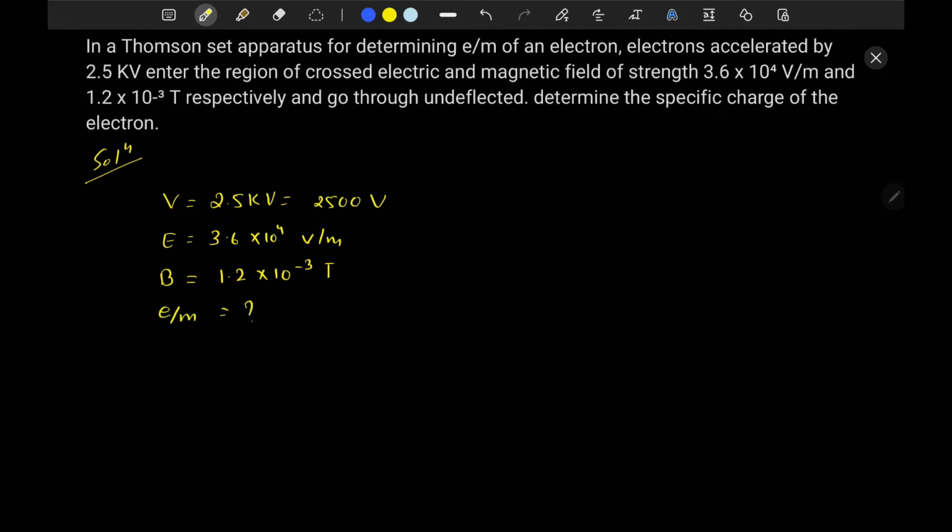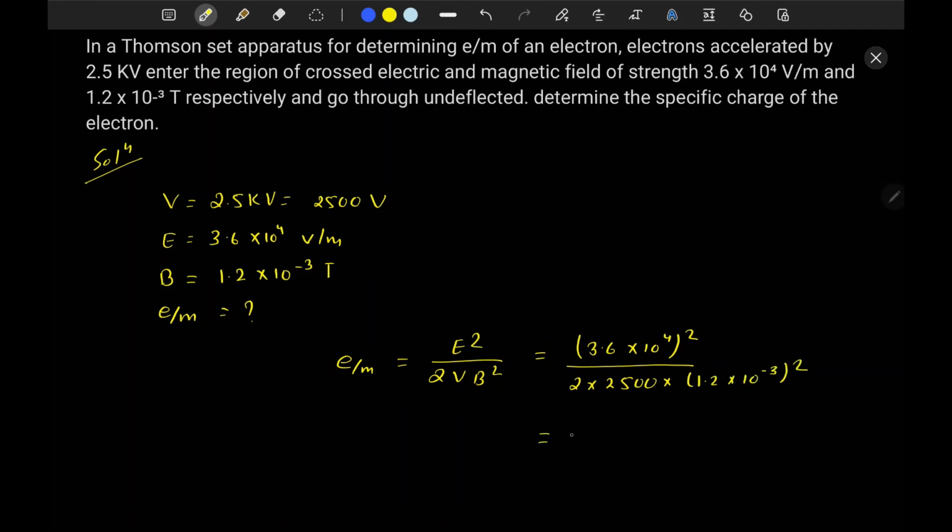For the undeflected condition we have the direct formula e by m is equal to E square by 2VB square. Now substituting all these values, 3.6 into 10 power 4 whole square by 2 into 2500 into 1.2 into 10 power minus 3 whole square. Calculating these values, we get our answer as 1.8 into 10 power 11 coulomb per kg, which is the required answer.